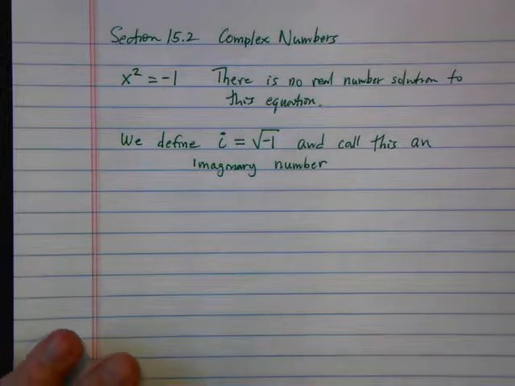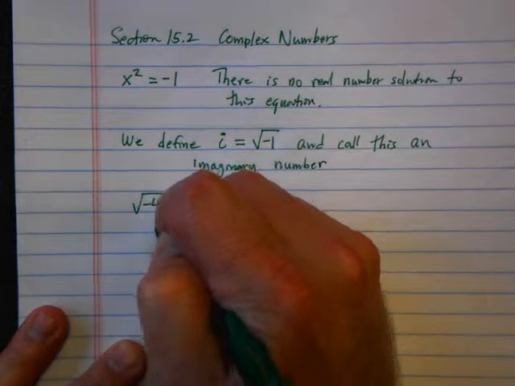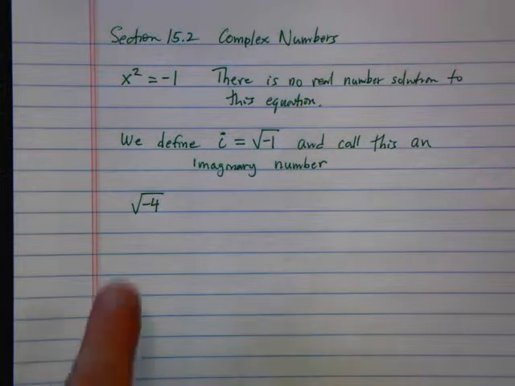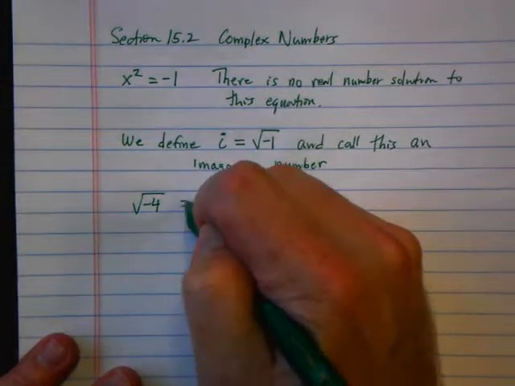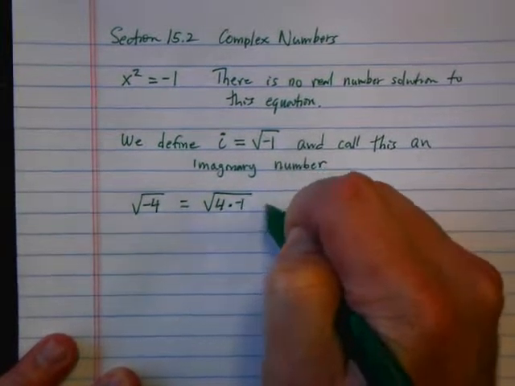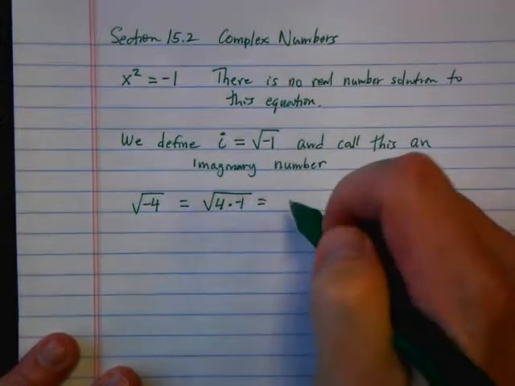Well, that leads us to some things then. We can now write a symbol for the square root of -4. The other day when we talked about square roots, we would have said this is not a real number. But now we're going to say the square root of -4 is the same as the square root of 4 times -1. And what's the square root of 4? 2.